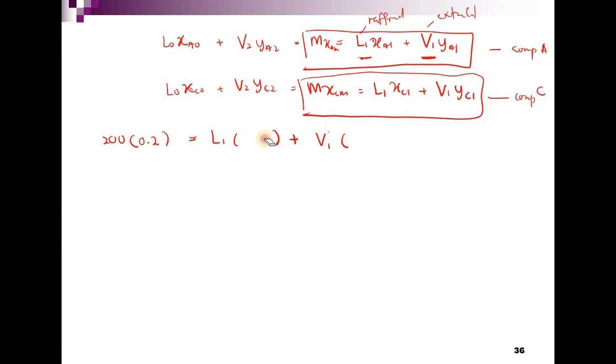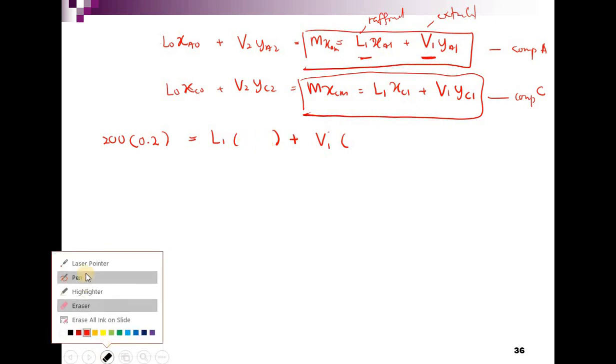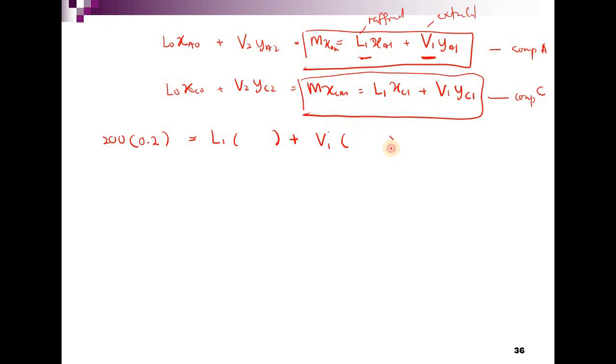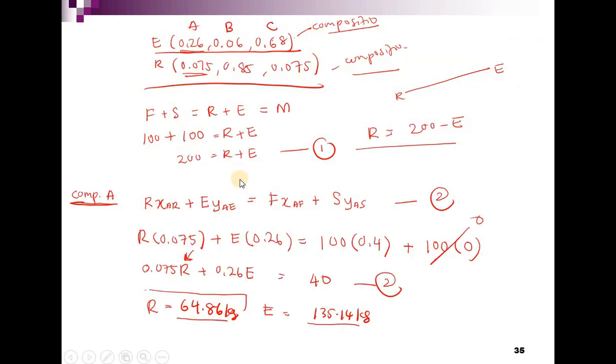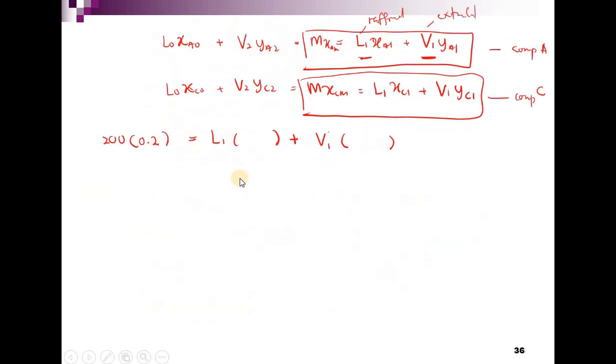So L1 is 0.075, V1 is 0.26. This is equation 1.